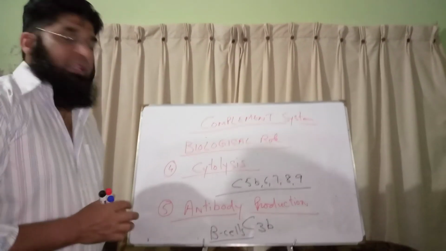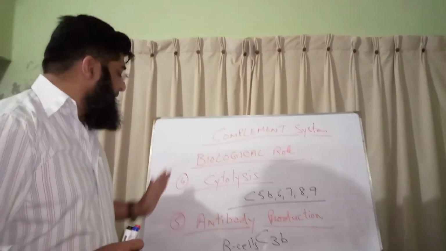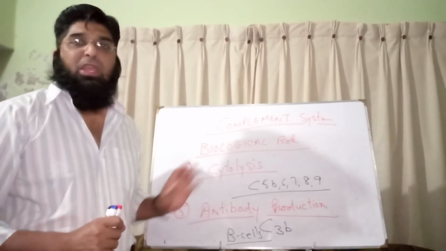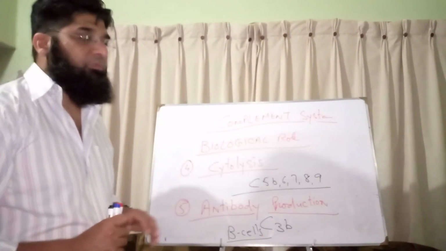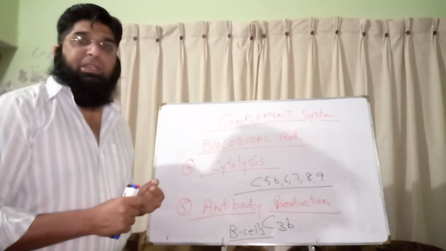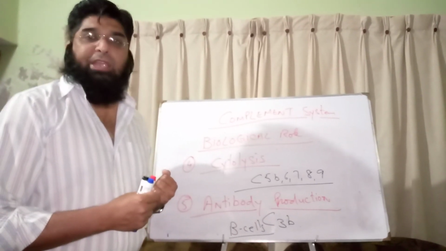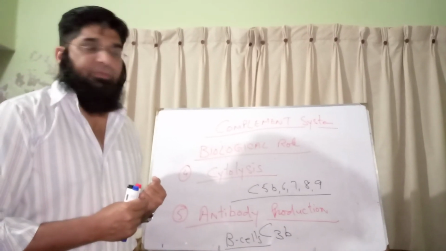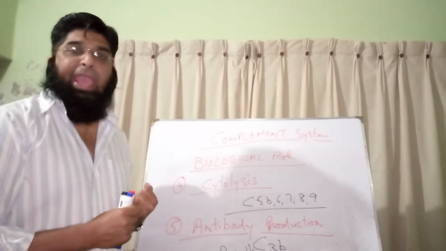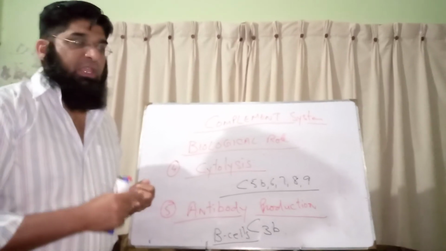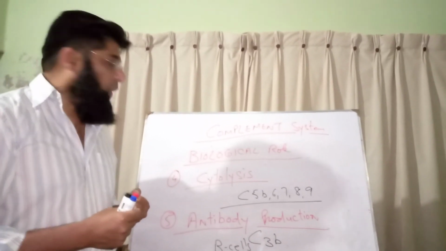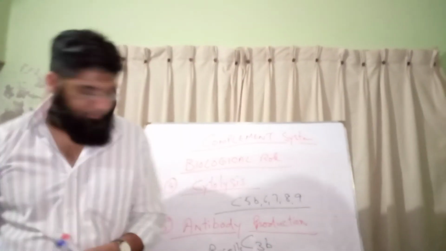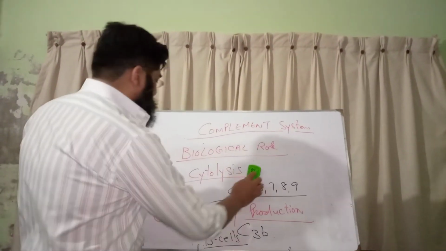Okay, so we discussed 5 different biological roles of the complement system. I repeat: number 1, opsonization; number 2, chemotaxis; number 3, anaphylotoxins; number 4, cytolysis; and number 5, antibody production. Okay, students?